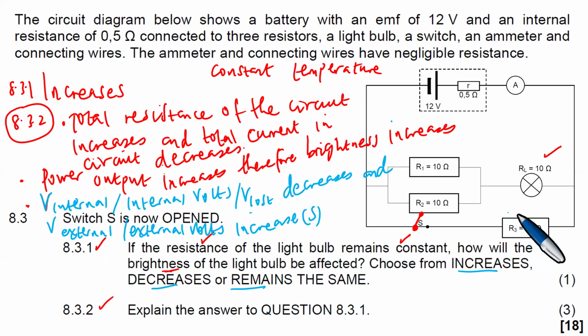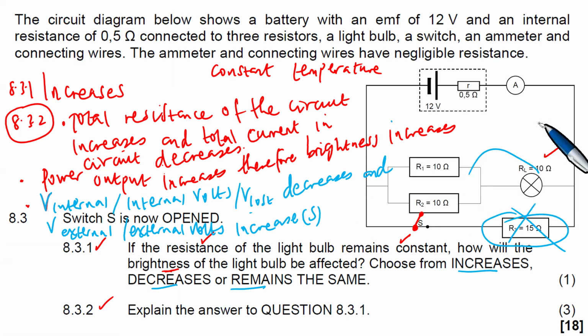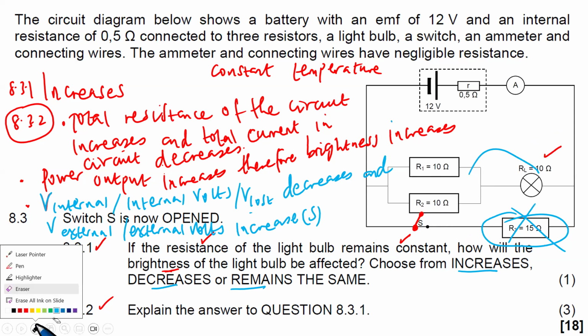Because this one is 15 ohms. But when you open this switch, it is cut out. And then here you have this one is 5. We did this one. 1 over 10, 1 over 10, 2 out of 10, and then it is 1 over 5, which is 5. 5 plus 10, 15 ohms. So here you're going to have 15 ohms.